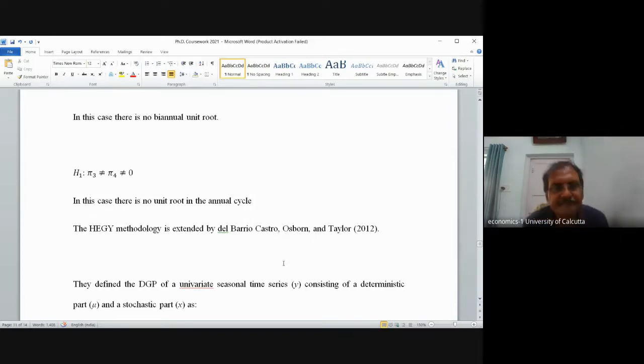Among them, Del Barrio, Castro, Osborne and Taylor, 2012, is the important development, and they have followed the same hypothesis but in a different way.